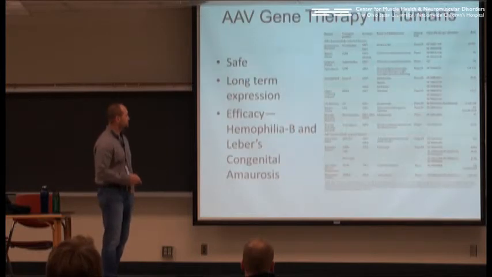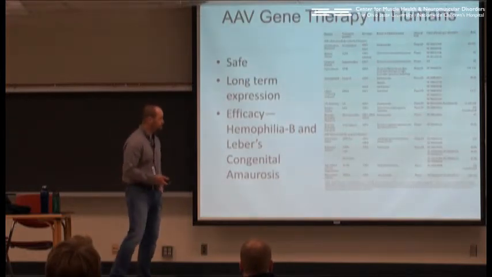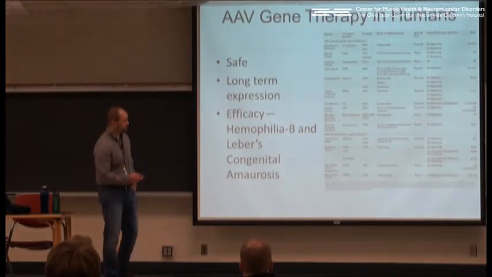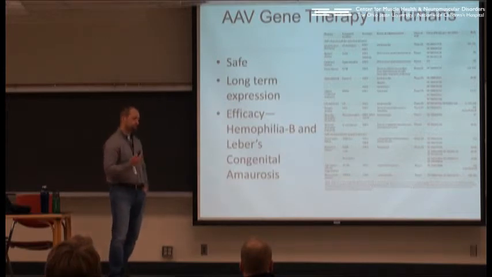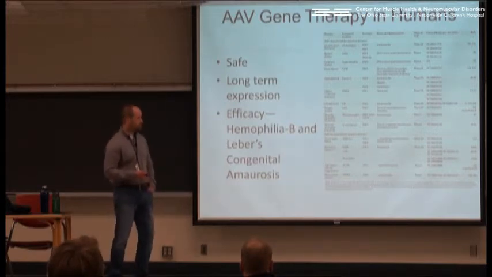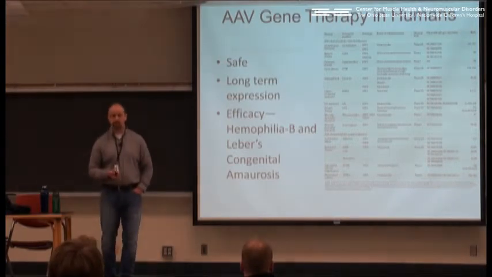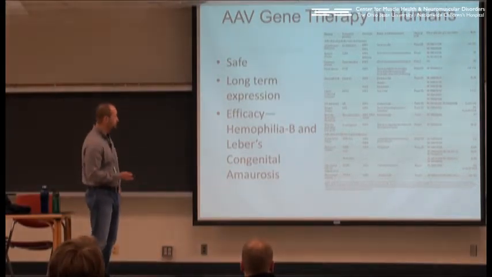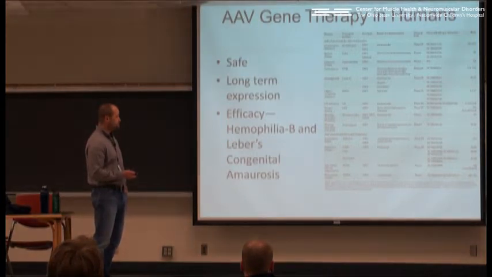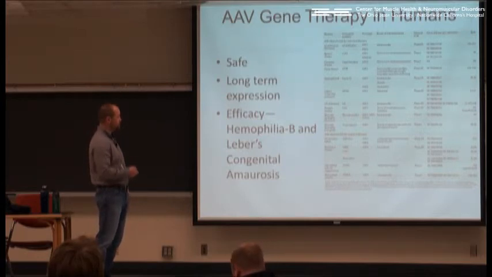AAV is safe, I think, across all these different clinical trials. We're at 1,000 patients or over 1,000 patients dosed with no vector-related adverse events, including patient one. These range from eye diseases to liver diseases to lung diseases to brain diseases.